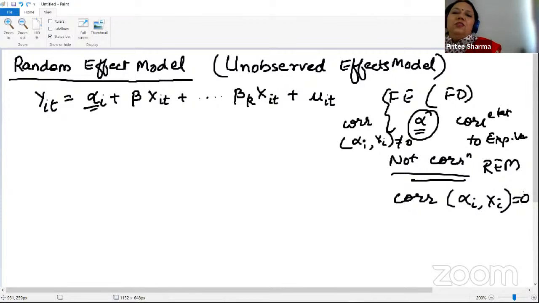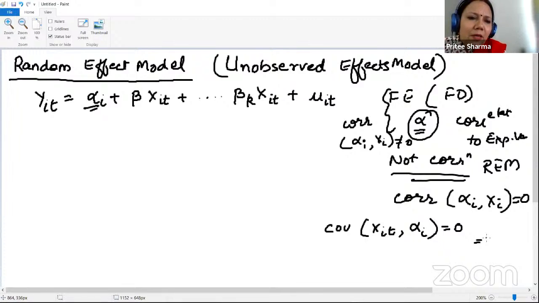So in case of the random effect model, what this means is that the covariance of xit and alpha i is equal to 0 for all the t's running from 1 to T. Now, what we want to do, how are we going to address it?